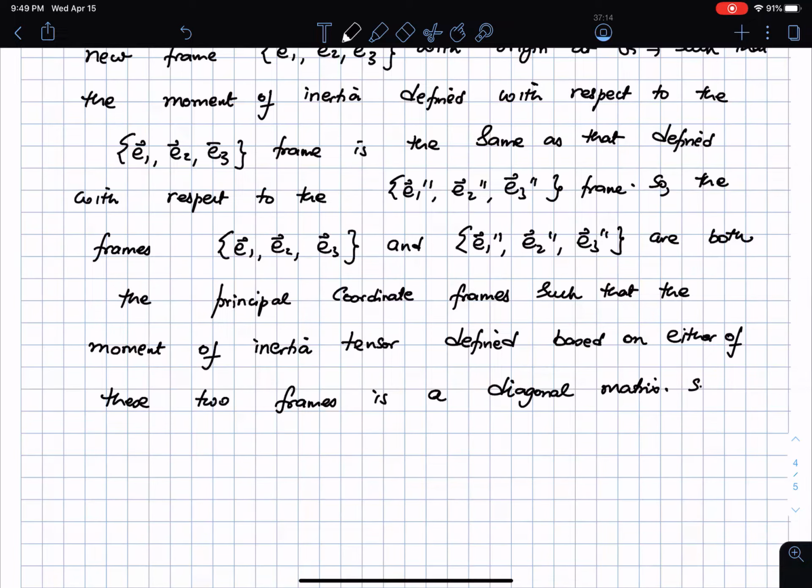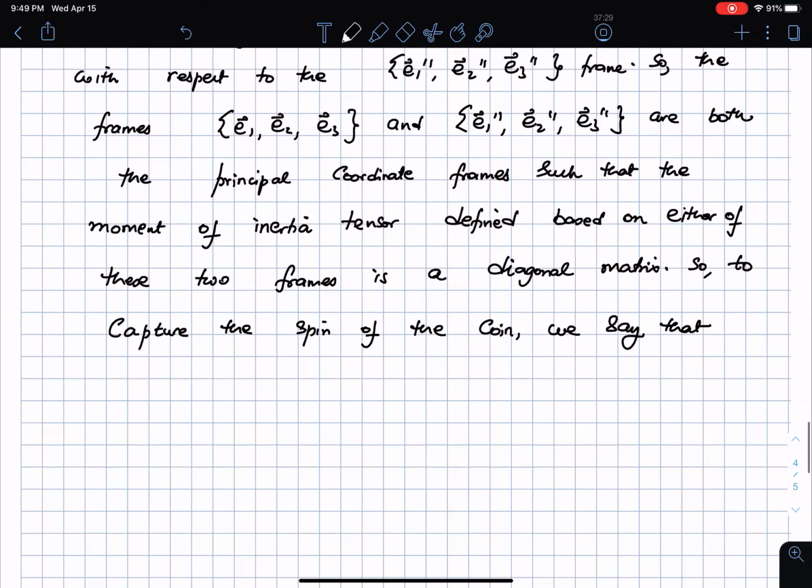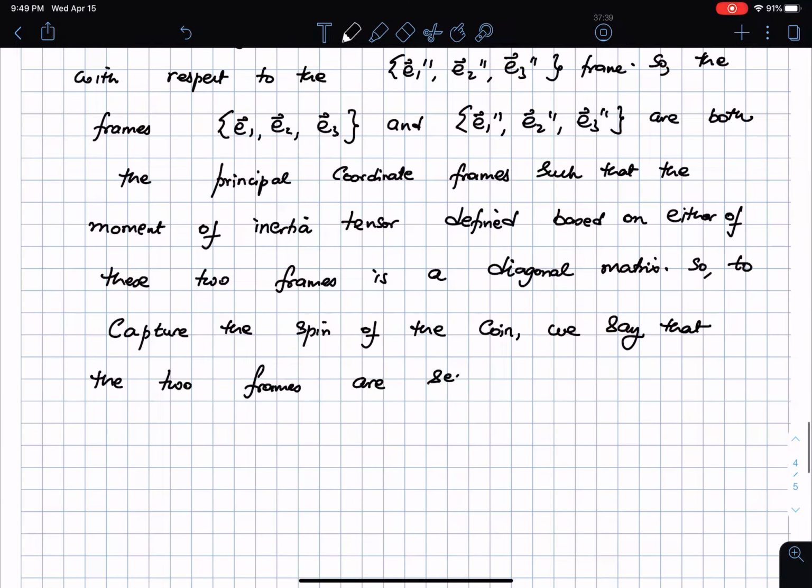Okay, so to capture the spin of the coin we say that the two frames are separated by an angle psi, and the rate of rotation is defined with respect to the E3 double prime frame.